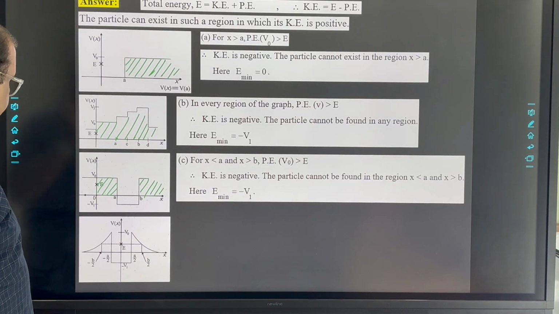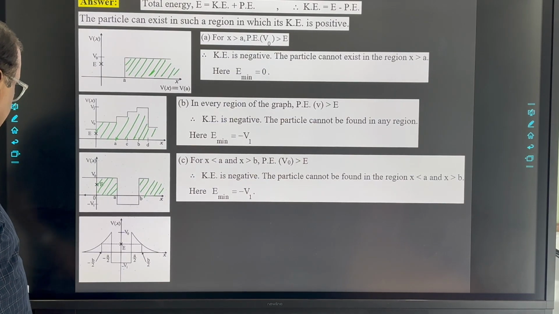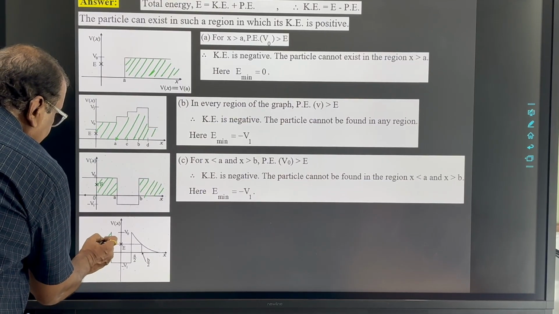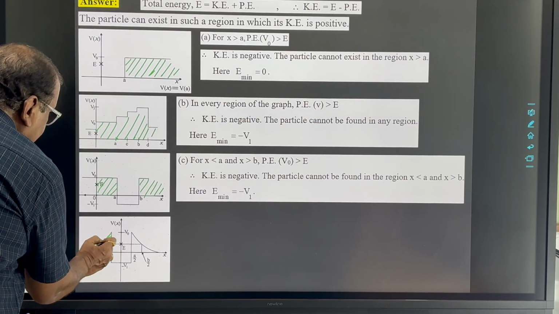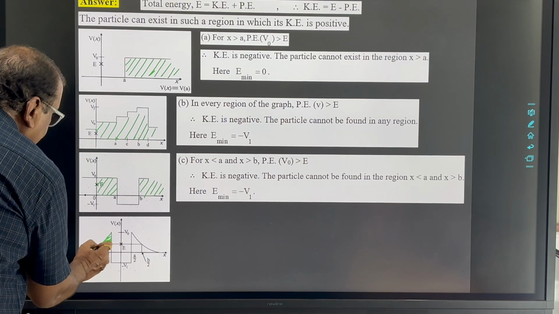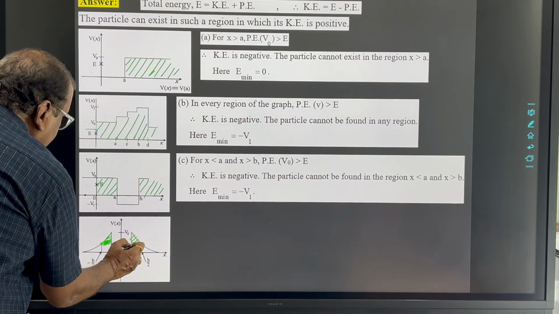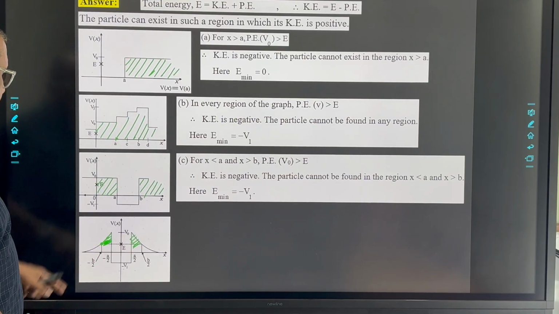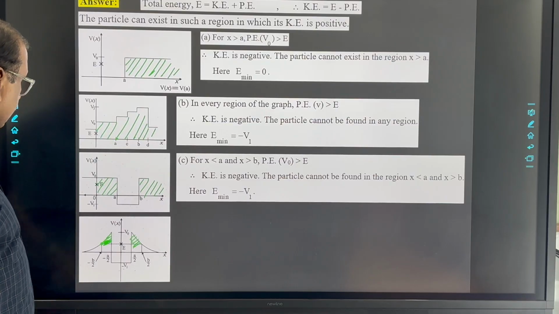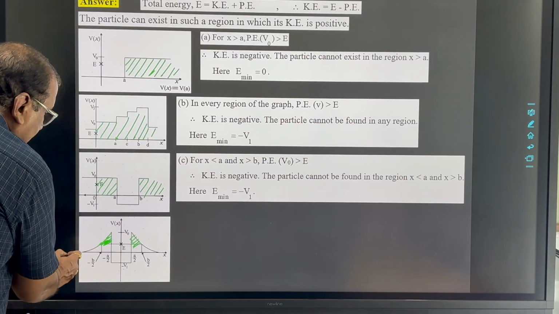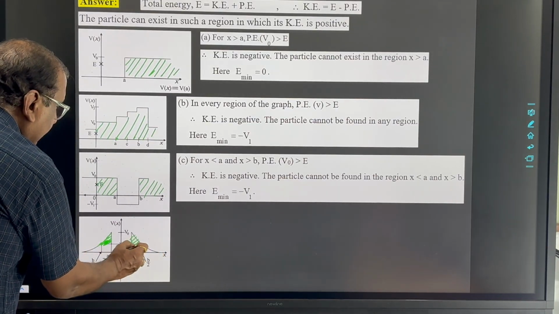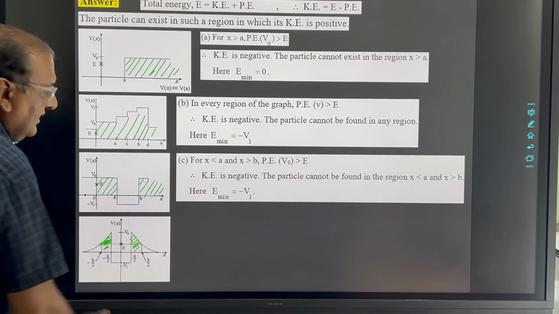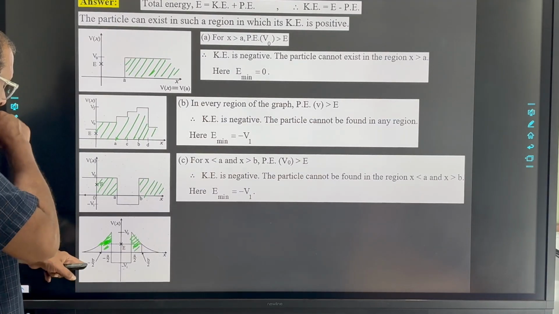Then the fourth one. In this one also, you can see in this region and in this particular region the potential energy is greater than the total energy, and after this the potential energy decreases below the total energy.